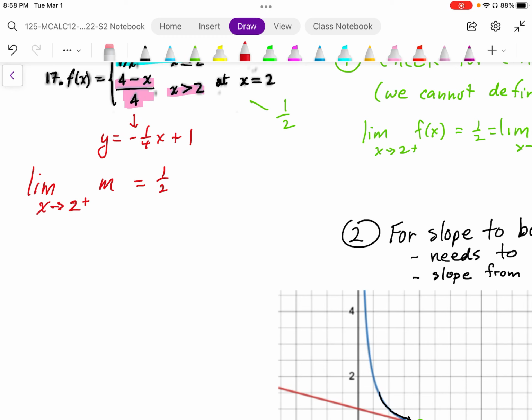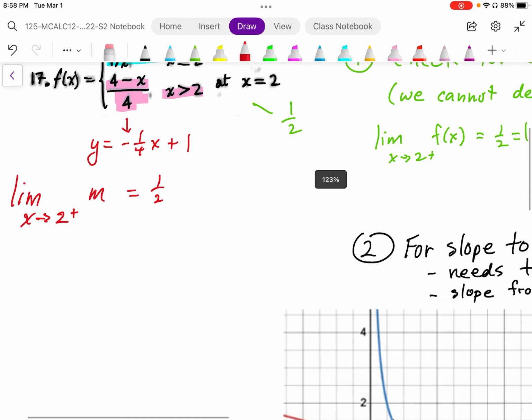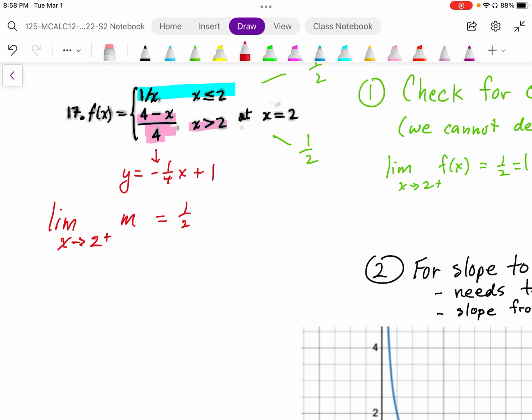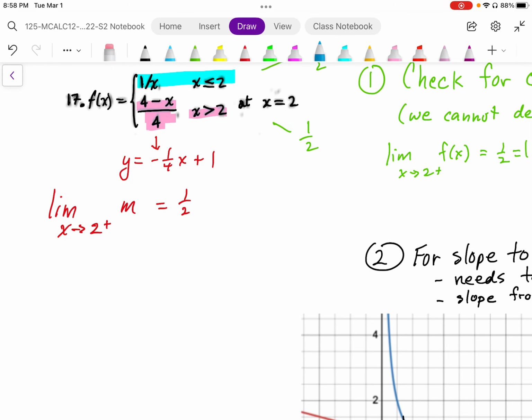So what we then have to do is check from the left-hand side. So I'm going to do this in blue. When x is less than 2, we're going to check for the slope using the slope ratio. So we're going to find the slope, and this is the limit, and we're going to let h approach 0 from the left-hand side.